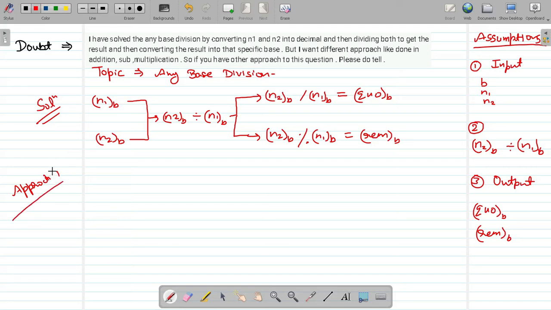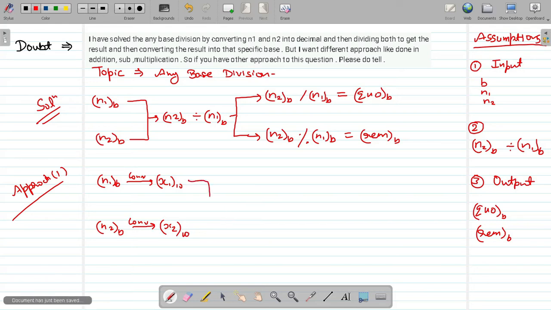Okay, approach 1. So what she did is n1 from base b, n2 from base b. She first converted it into some number x1 in base 10. These numbers will be different but their value will be the same. This is base b. Okay, and converted this also into x2 with base 10.